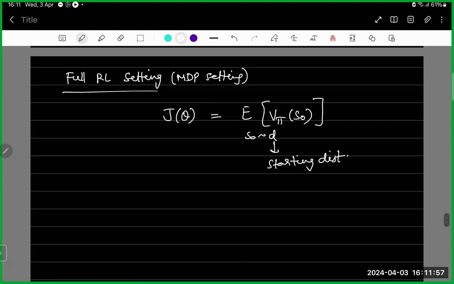And what is the gradient that we derived for this objective? Do you recall?